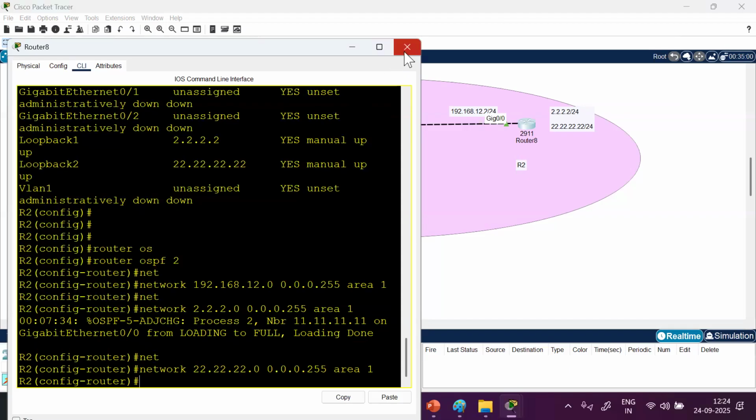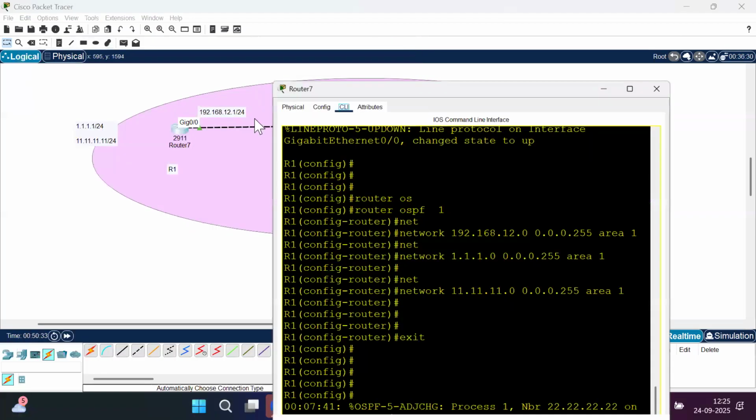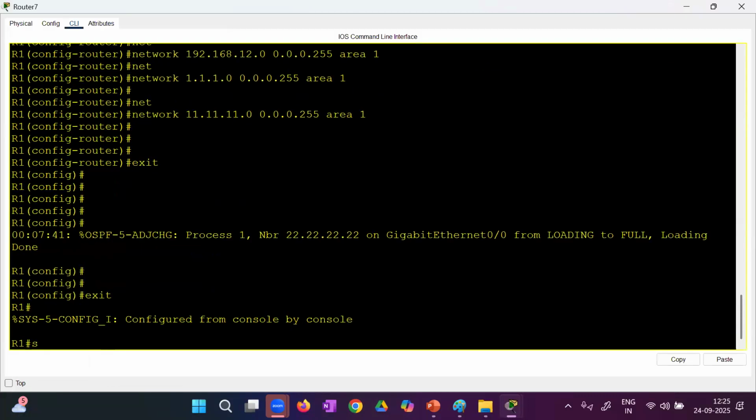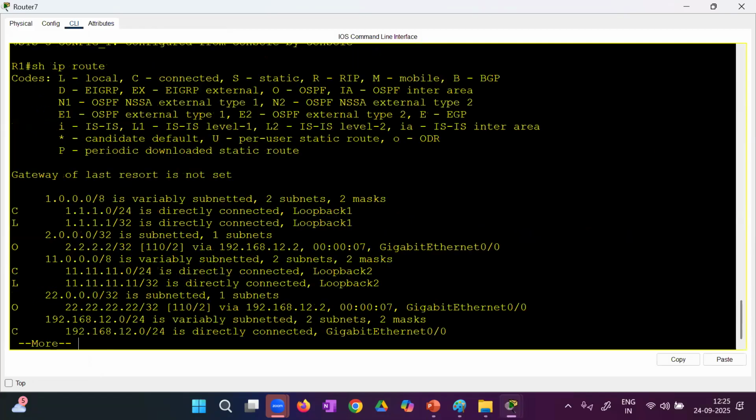Done. Now you come to router 1 and check IP routing. Give command exit and check show ip route. See what is written here? O stands for OSPF. Now here it is written 2.2.2.2/32. Why? Why is it written /32?